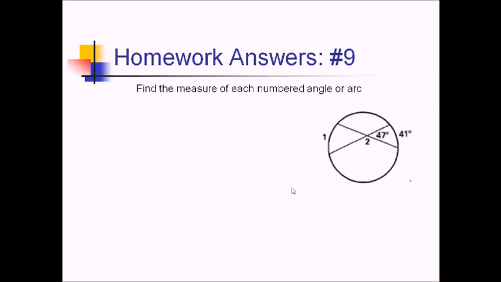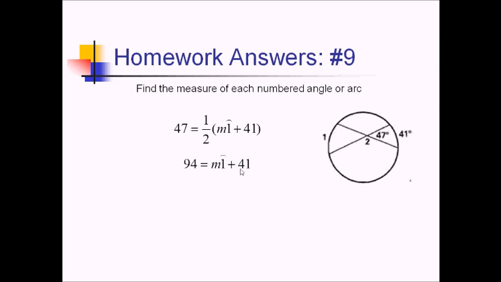For number 9, we're trying to find the measures of these arcs and angles. Let's find arc 1. So we know that 47 is going to equal the sum of arc 1 and 41 degrees, or at least half of that sum. So let's set up that equation. And then let's multiply by 2 to get rid of that one half. So that's going to be 94 equals measure of arc 1 plus 41.